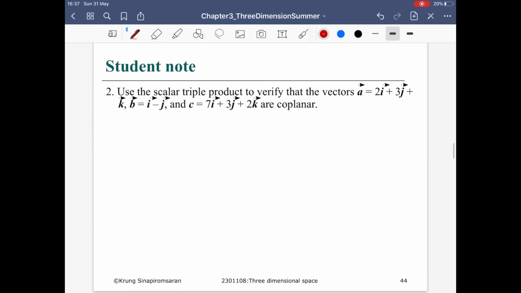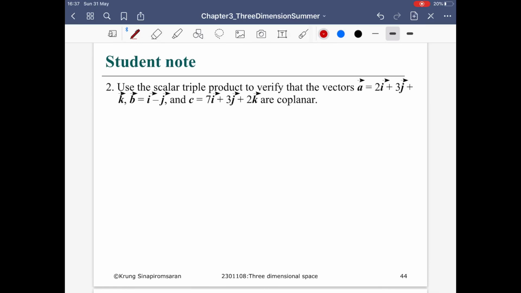Now, the same thing, you need to use a scalar triple product again to verify that these three vectors are coplanar. Okay, so you should be able to do it by yourself already, right? So to check your A dot B cross C using a determinant, the first one is 2, 3, 1, and then your B is 1, -1, 0, and your C is 7, 3, 2.